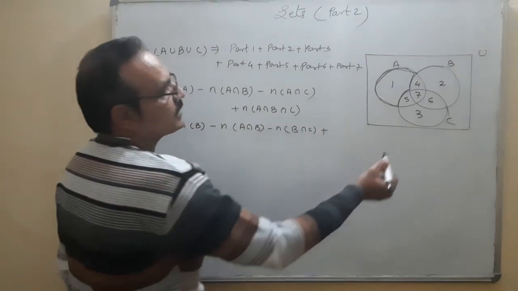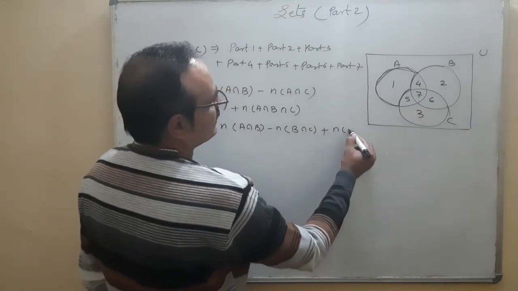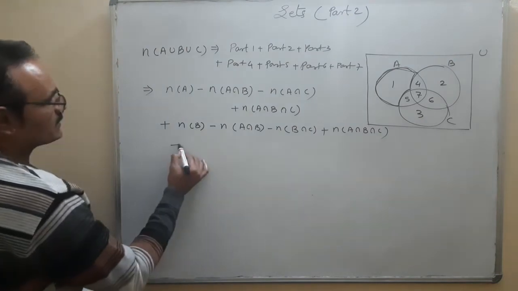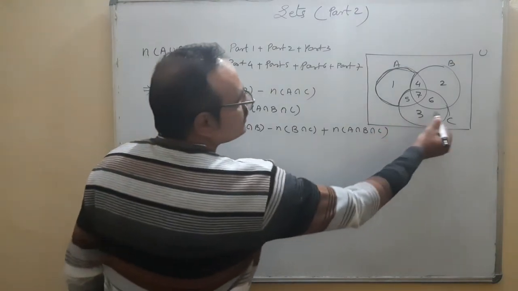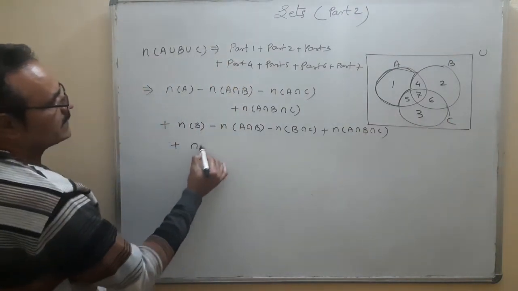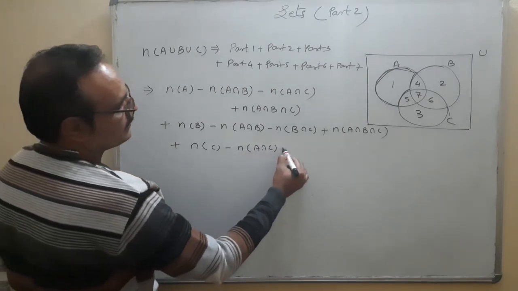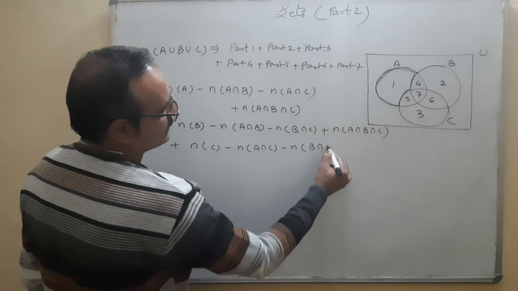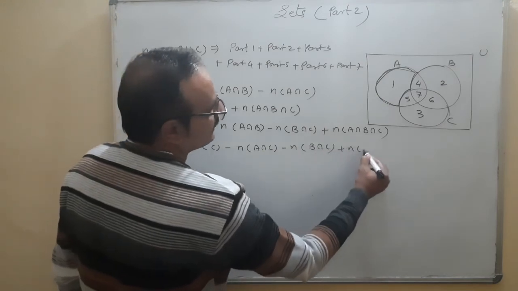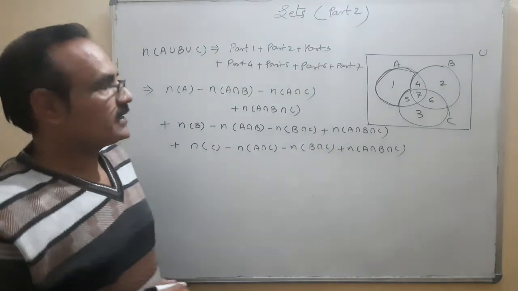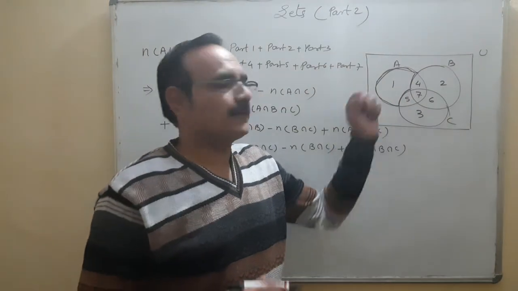And again the same thing, this 7 is plus n(A ∩ B ∩ C). Okay. Plus third part, this portion: n(C) minus n(A ∩ C) minus n(B ∩ C). And plus n(A ∩ B ∩ C). Is that okay? These are the three parts, 1, 2 and 3.